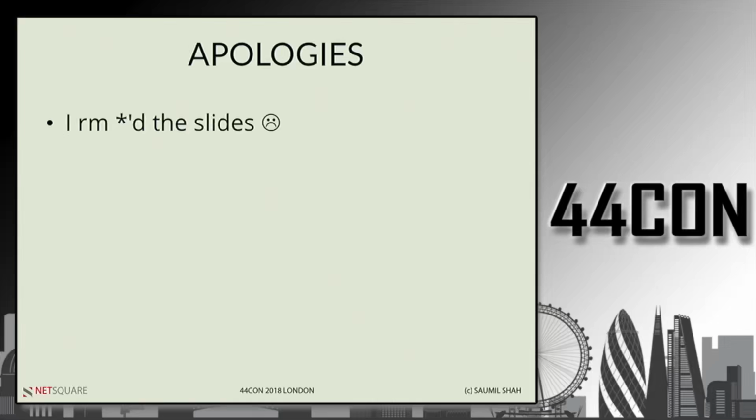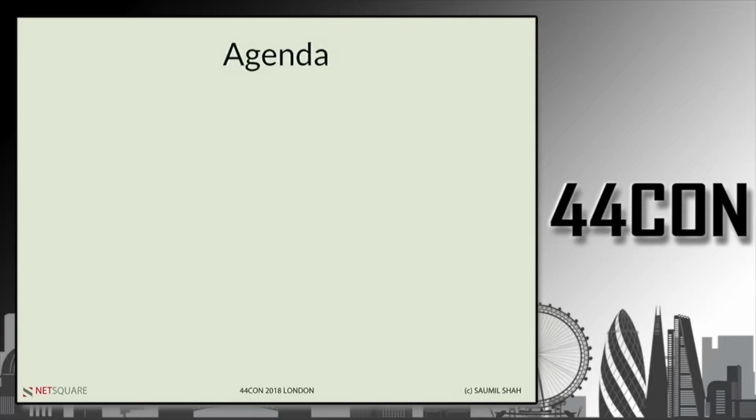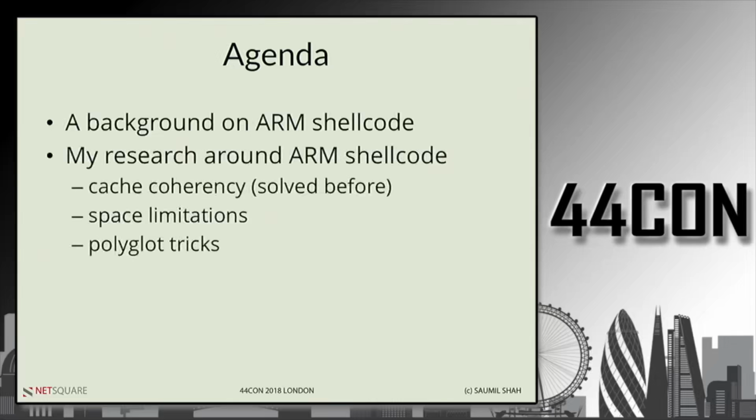So with this being said and done, let me give you an idea about the agenda. I'll start out with a little bit of background about ARM shellcode, which might be about 90 seconds long. And then I'll talk about the 3 areas that I've been working on in ARM shellcode.